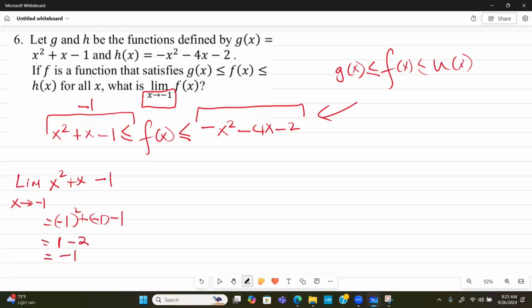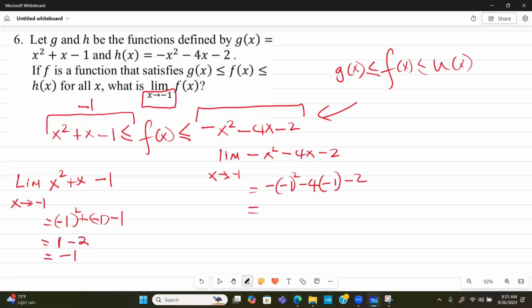So basically, I want to take the limit of -x squared minus 4x minus 2. And I'm taking this as x tends towards -1. So in doing so, negative is there. Then I'm going to have my -1 here, minus, and then in here I have my -1, then negative.